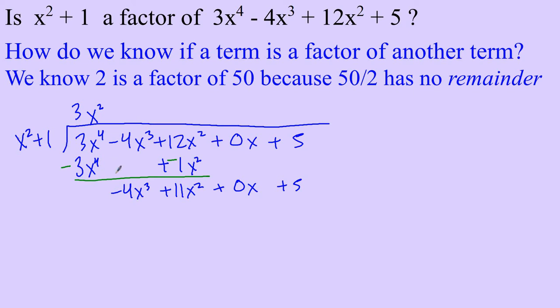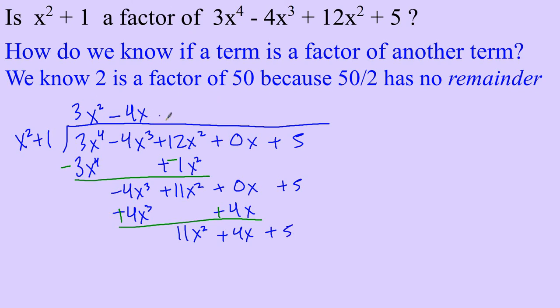So x squared times negative 4x is going to get me negative 4x cubed, and then minus 4x. Change your signs. We get 11x squared plus 4x plus 5.